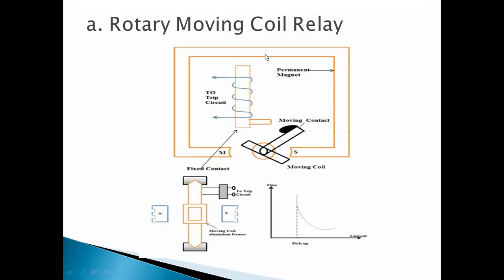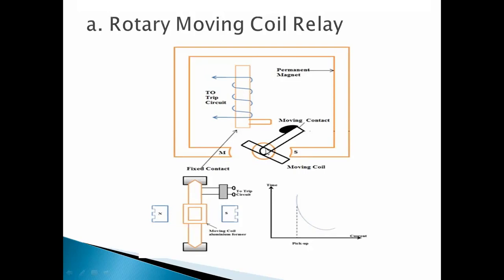This is for giving the signal to the circuit breaker. At this moving magnet or coil, there is one moving contact, and this one is your fixed contact. When there is a normal working condition, these contacts are open.